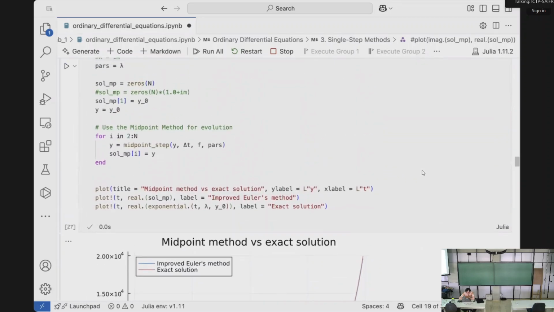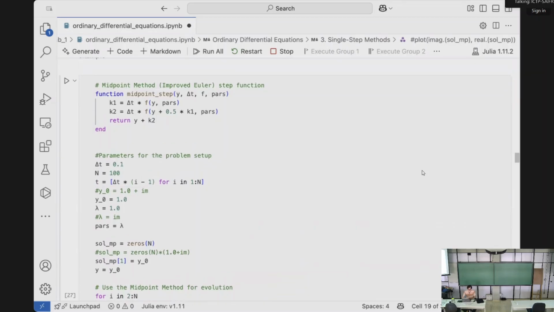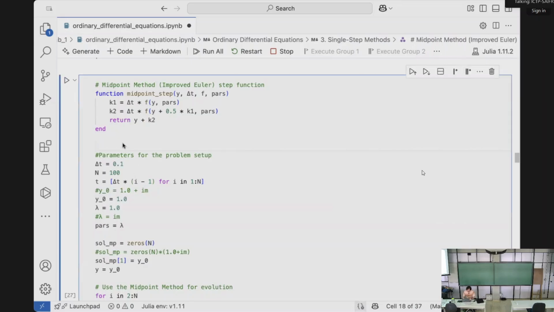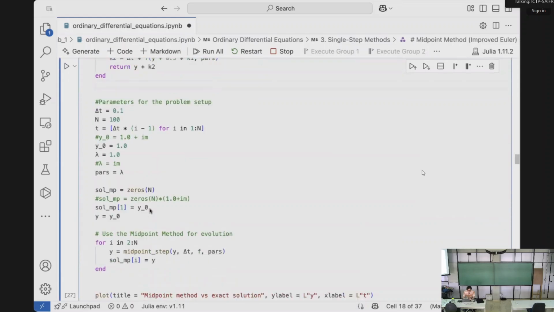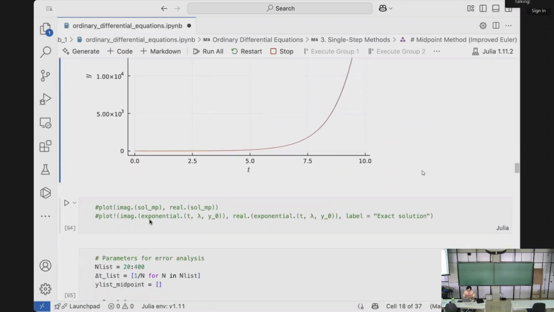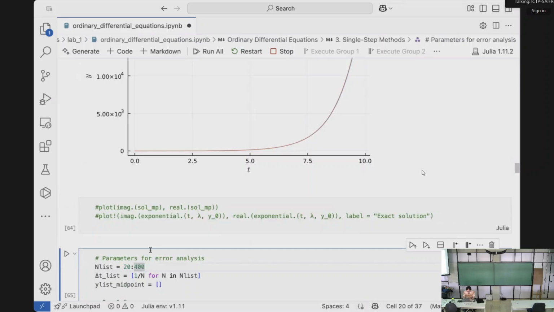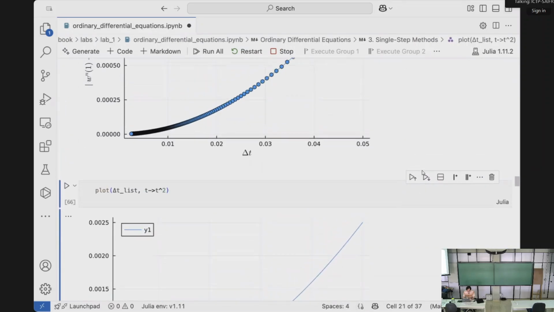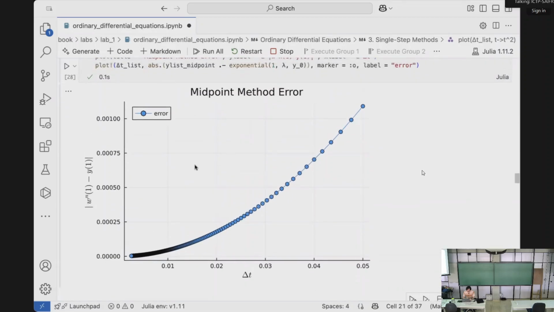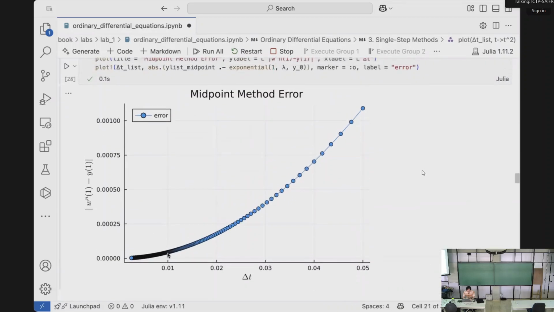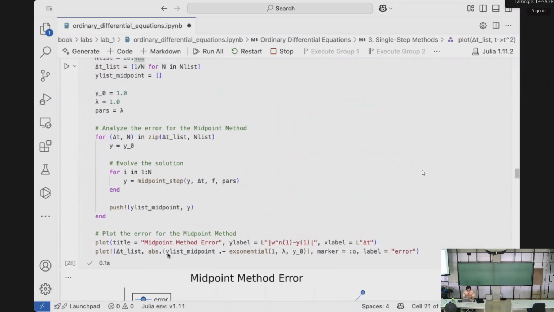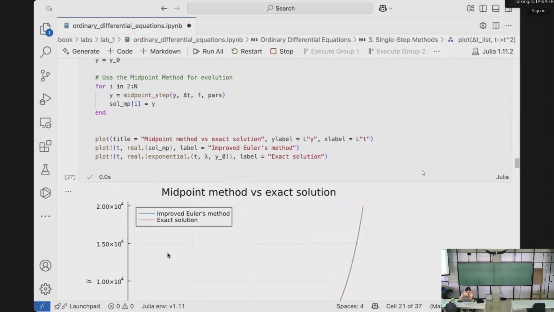Like, this method is stable, does not have the same issue that we had before. Here we can see the implementation, right? And we can also check the error on this method and it's also quadratic, right? It's cubic locally, but globally it is quadratic.